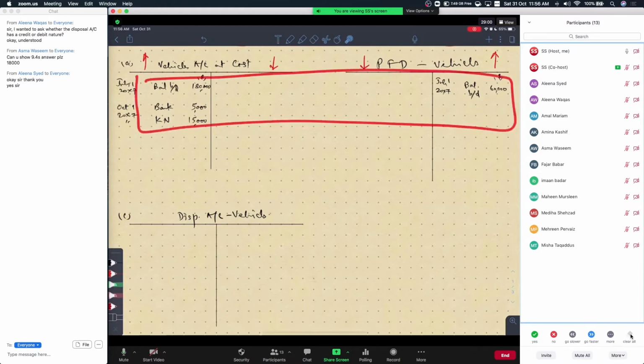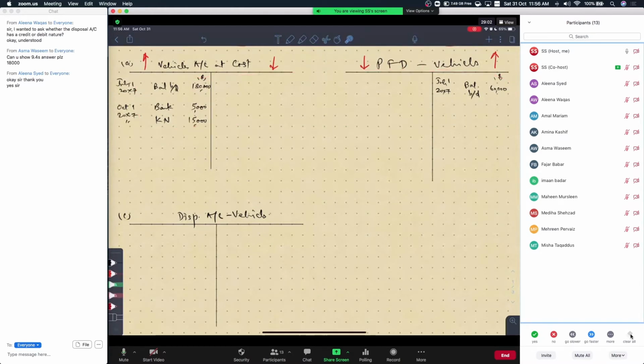And how do we fix it? We know that whatever asset we have disposed of is being reflected in these opening balances. And we need to eliminate the records or the traces of the vehicle which we have disposed of, and it no longer belongs to us. So we need to subtract a value from this $180,000.